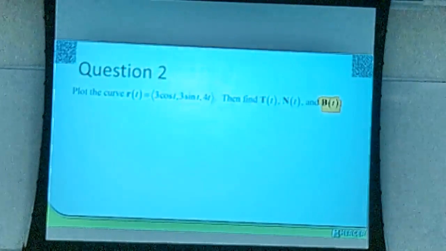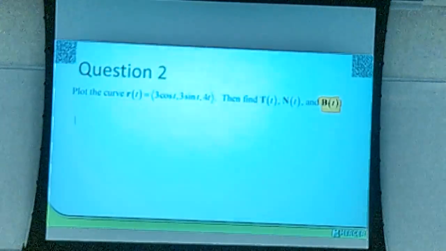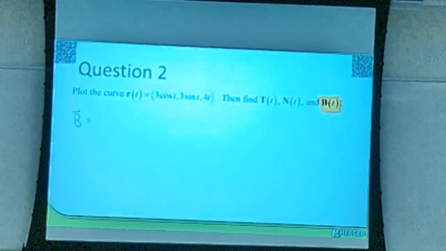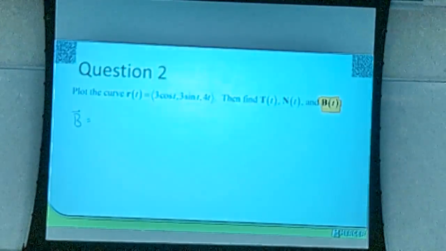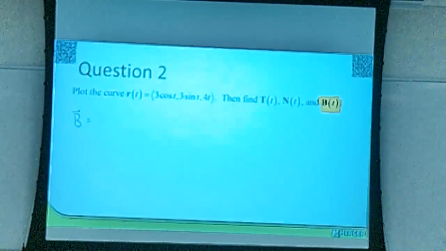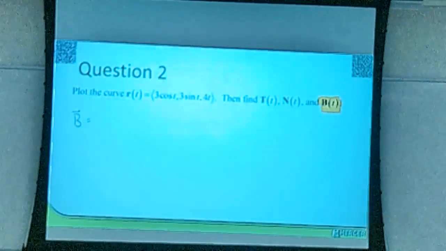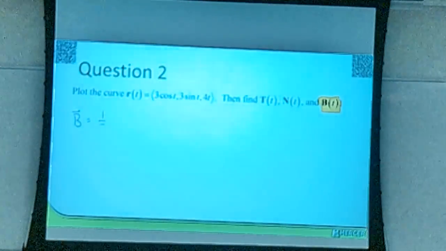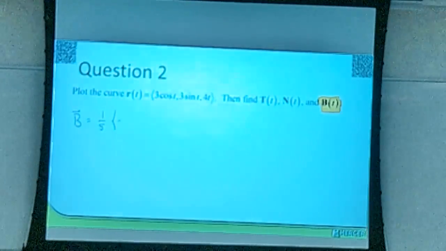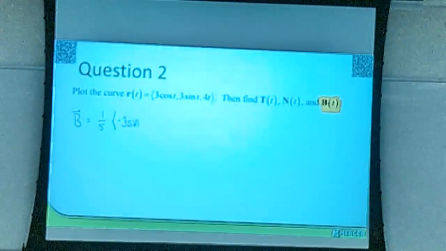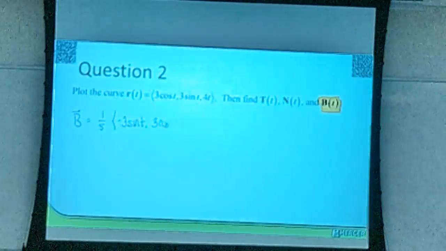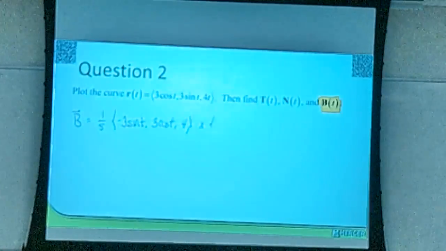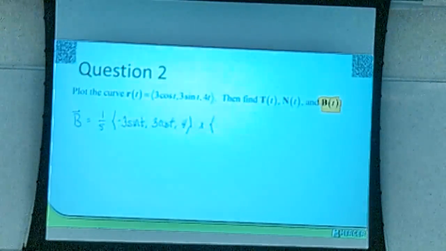Now for the binormal. Binormal is the unit tangent cross the unit normal.